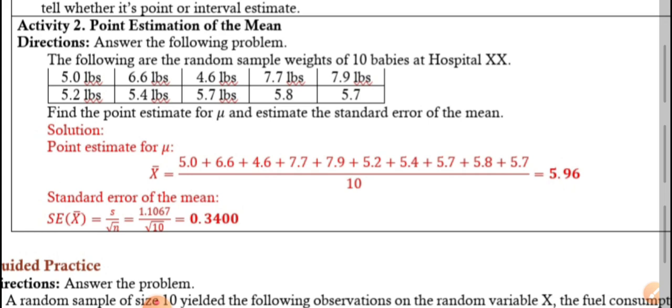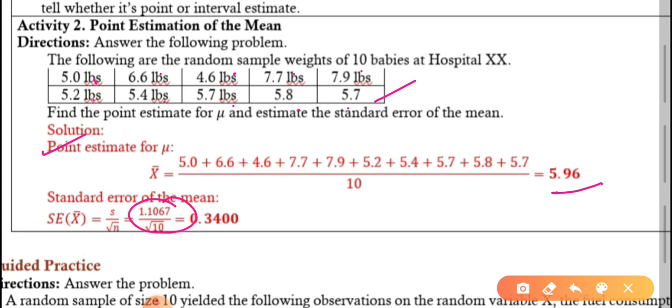So we have the following data: 5 pounds, 6.6, 4.6, 7.7, 7.9, up to 5.7. You have to first get the point estimate, or just get your mean. Just add up all together, then divide it by 10, because we have 1, 2, 3, 4, 5, 6, 7, 8, 9, 10, and then we will get 5.96.